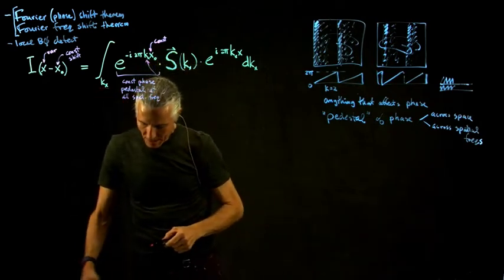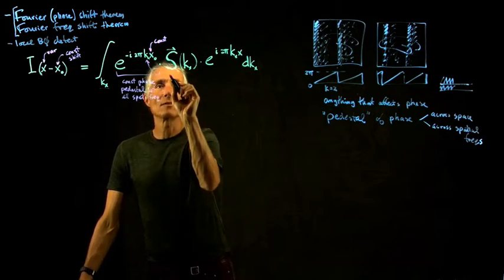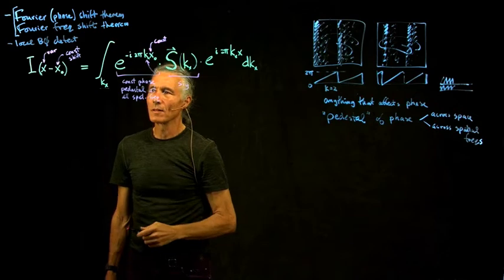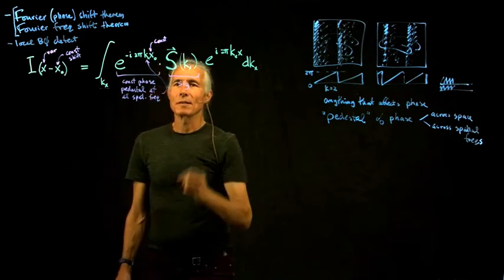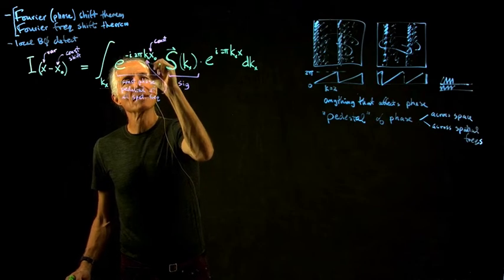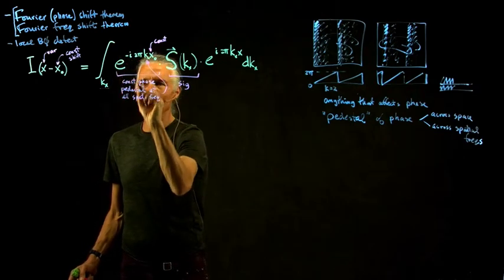And then this thing here is just our signal that we record from the brain. So that somehow got messed up by being multiplied by this constant phase pedestal.